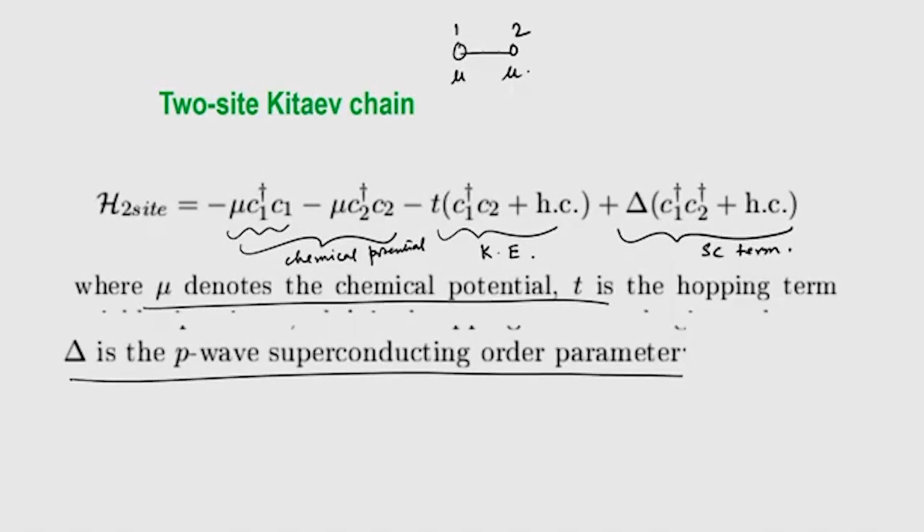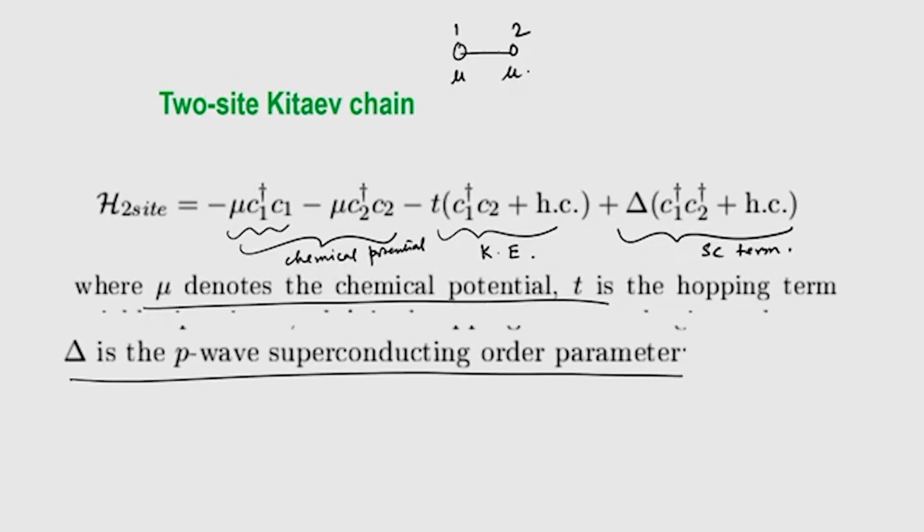In fact, it could be an S wave superconductor, which is much more commonly available in nature, but that requires more terms to be considered, such as the spin orbit coupling, magnetic field and other things. So we are talking about a P wave pairing. This is a P wave superconducting term. This is the amplitude, called the gap function.